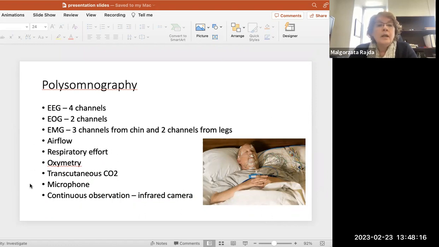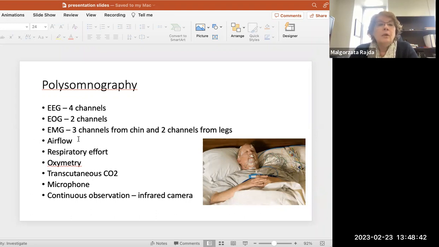But essentially, a standard sleep study or polysomnography involves 4 channels of electroencephalography, 2 channels of eye movement tracing, 3 channels of electromyography. We collect information about muscle tone from the chin and from both legs.